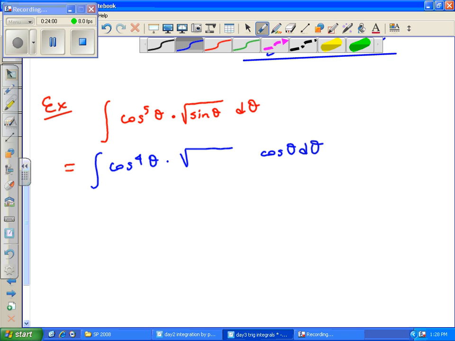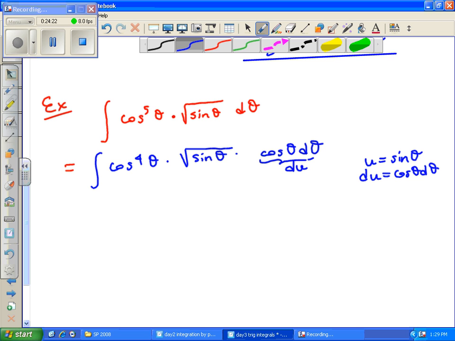Over here we have the root of sine theta. So if I want to reserve this for my du, already I have a plan here. If cosine theta d theta will be my du, what should my u be? I want to let u be sine theta so that du can be cosine theta d theta.